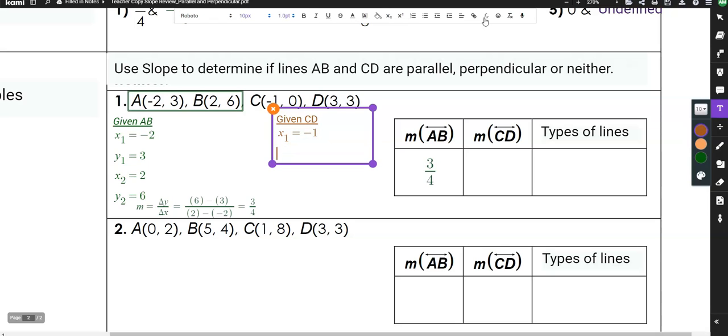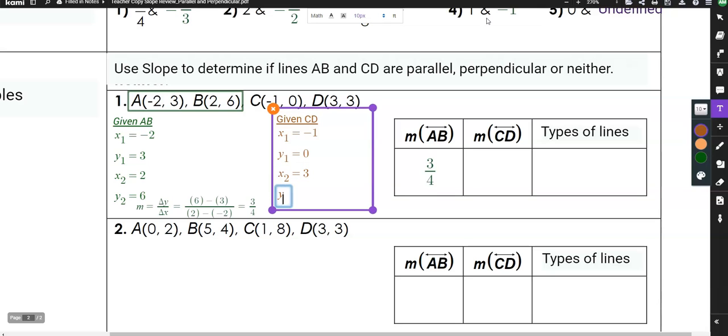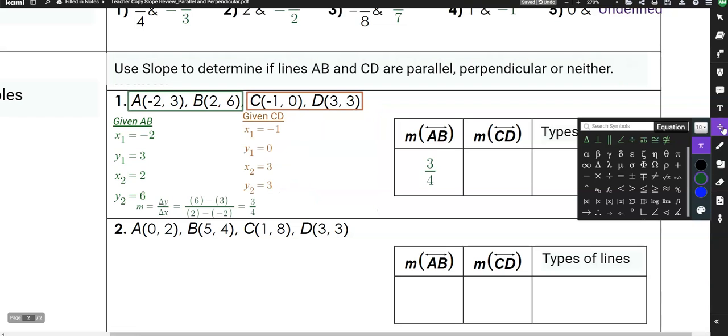And our y1 will be 0. And our x2 will be 3. And our y2 will also conveniently be 3. So we've made our list.